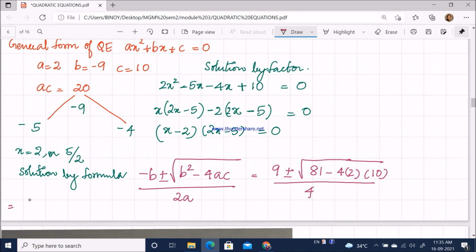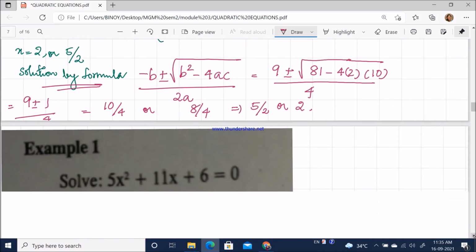So that is 81 minus 80, that is 9 plus or minus 1 by 4. So 10 by 4 or 8 by 4. So 10 by 4 is nothing but 5 by 2, or 2. This is how by solving with formula method or solving by factors.